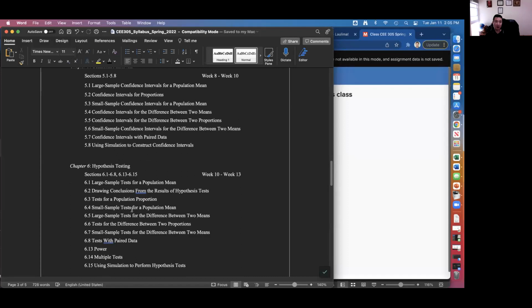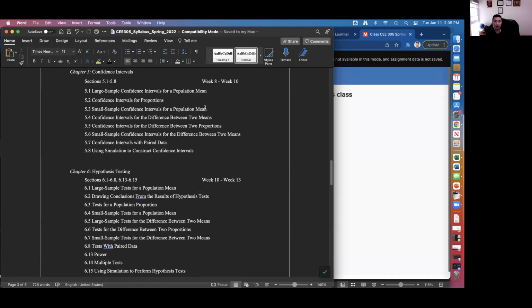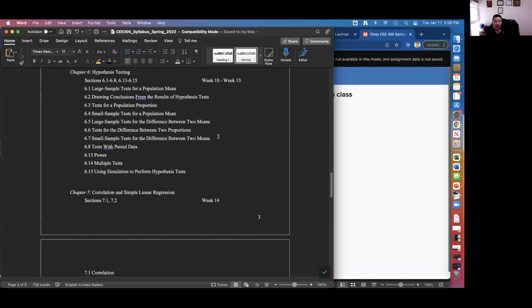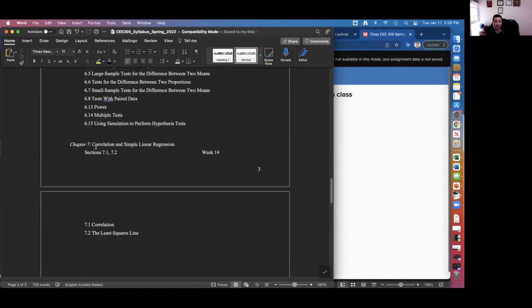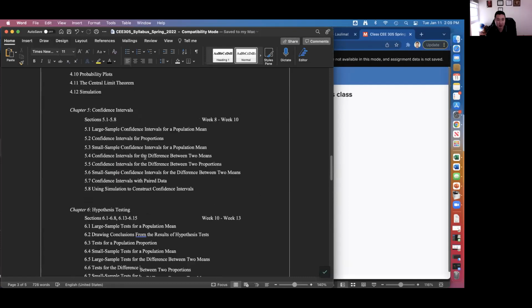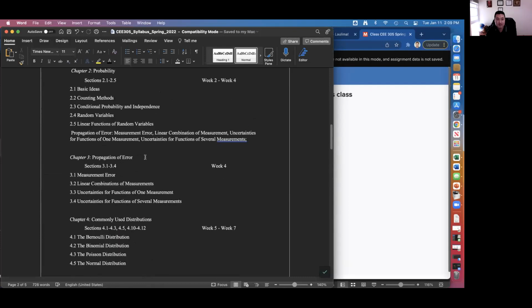These 2 chapters take about 5 to 6 weeks in total. The final chapter, chapter 7, is again very short, and is called correlation and simple linear regression. This class will cover these 7 chapters from our textbook.